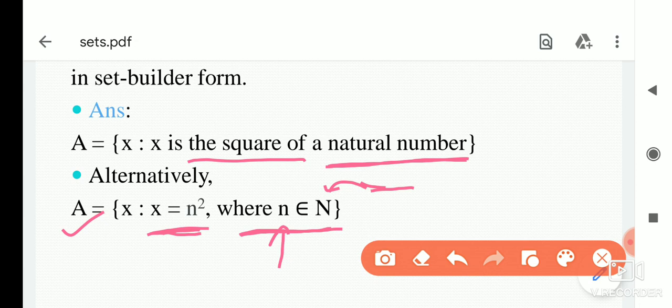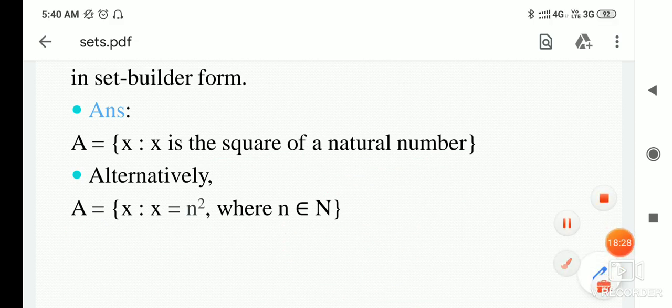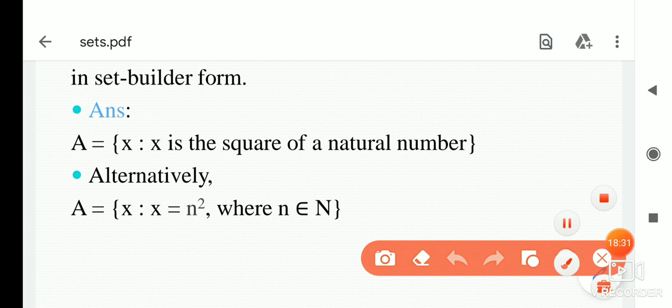So the natural number belongs to the larger set of all the natural numbers. These are the 2 ways you can represent a set in set builder form.